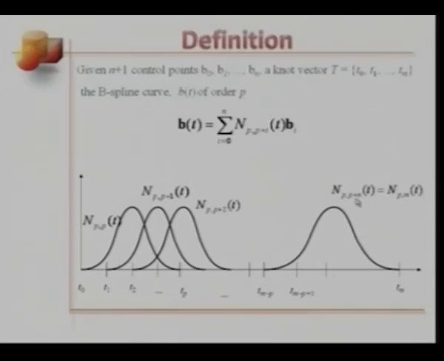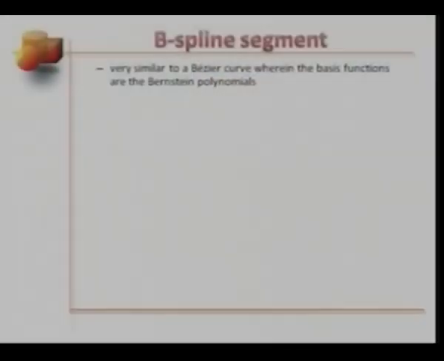This index corresponds to i equals n. Now, if you notice, with each of these B-spline basis functions or weights, a design point bi will be associated. Now, a B-spline segment is very similar to a Bezier curve or a segment wherein the basis functions are the Bernstein polynomials. I've mentioned this before. This is the definition of a B-spline curve or a segment.